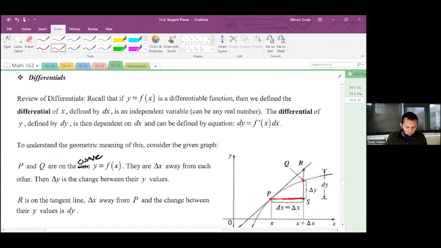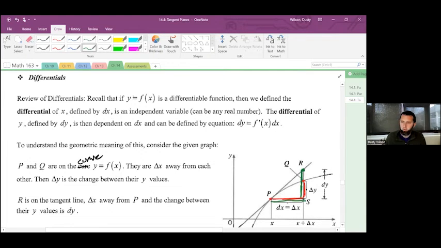So then delta y is the change between their y values. Notice delta y is an exact amount. It's the exact change in the y coordinates between P and Q. R is on the tangent line. So here's our R point. And it is the same delta x away in the x coordinate from P and R. And the change between their y values is dy. So here's the change in the y values.